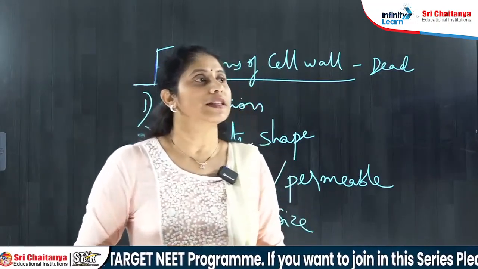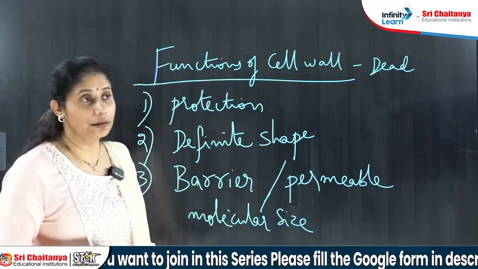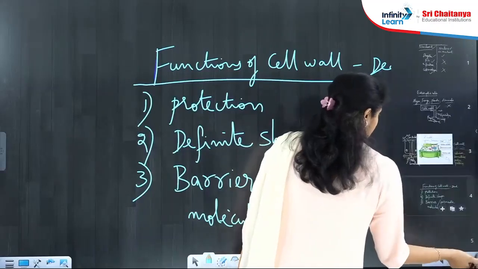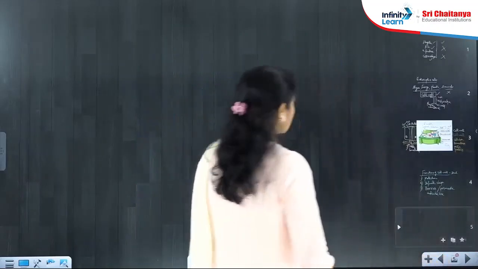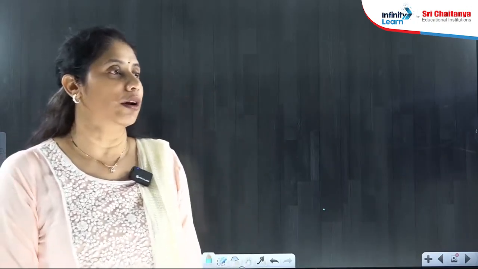Now, the functions of the cell wall. What are the basic functions of the cell wall? I have written here. Now, I will go to another page, then you can answer, because I can't ask you the questions after placing that on the board. Tell me any one function of the cell wall. Protection, very good.